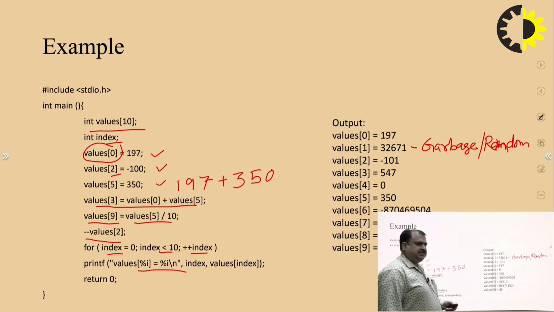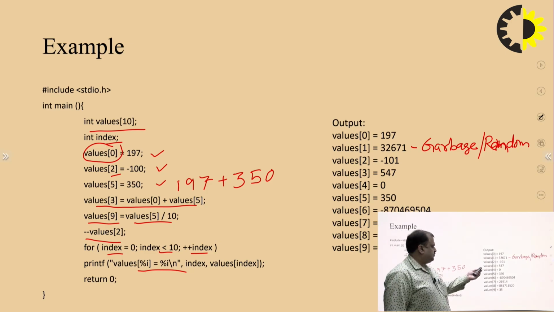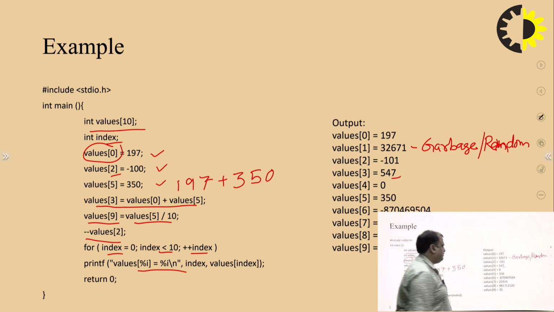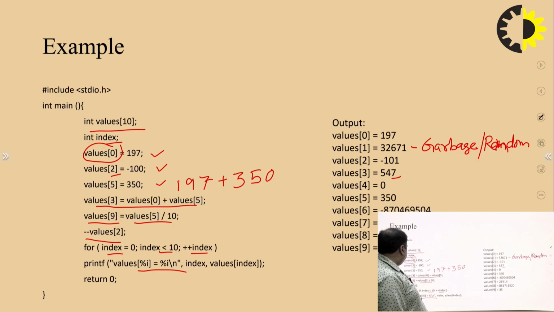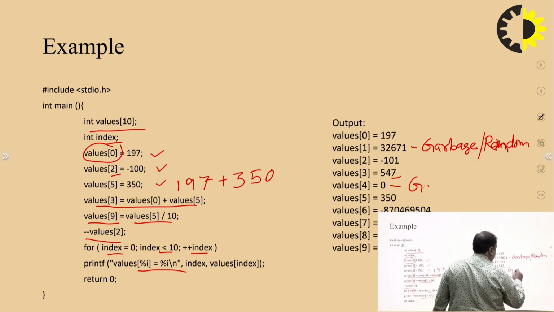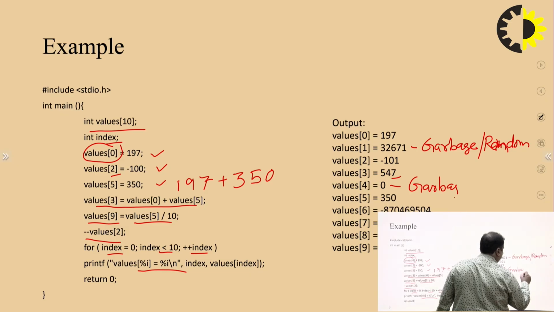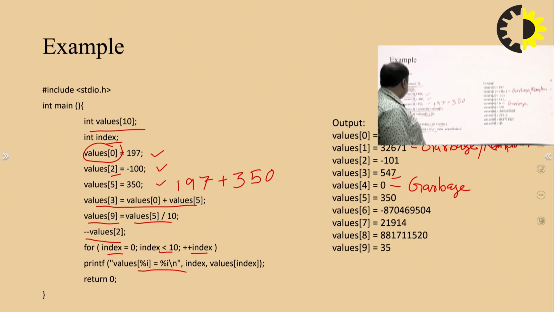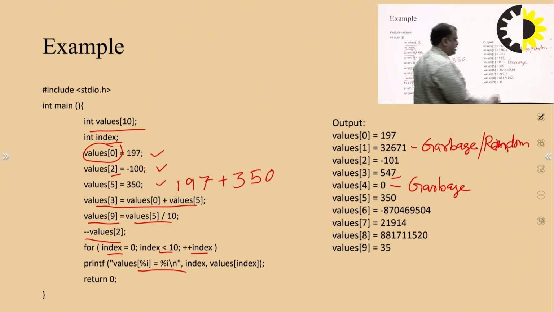Value 2 we have initialized to -100. Value 3 we have calculated as value 0 plus value 5, 197 plus 350, so that addition is 547. Value 4 we have not initialized, so it is also a garbage or random value. Value 5 we have initialized, value 6 we have not initialized, so it is also a garbage value.